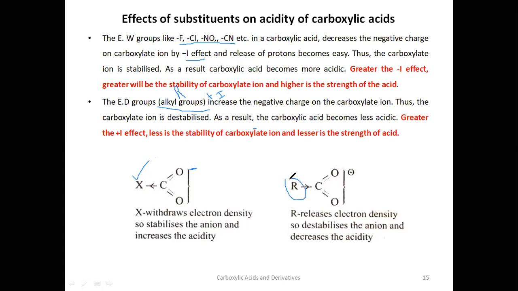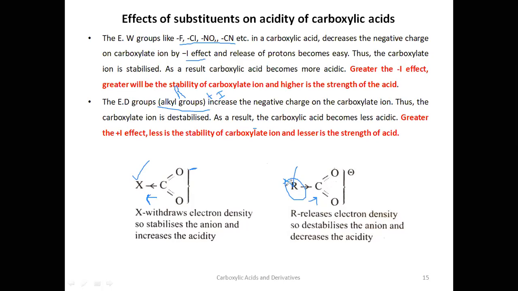Whereas if an alkyl group is there, what is this? An electron releasing group. See here, the electron density is shifting towards carbon, away from the alkyl group. Since the alkyl group is an electron releasing group, it shifts electron density towards carbon, and thereby the electron density on this oxygen increases. Already there is a negative charge, and this release of electrons destabilizes the carboxylate ion.